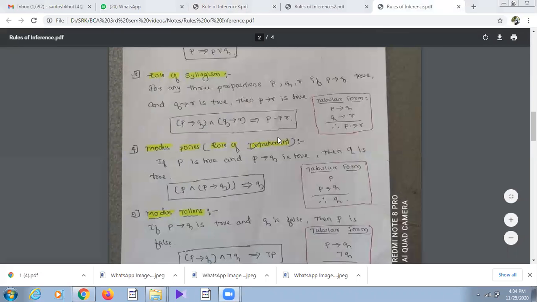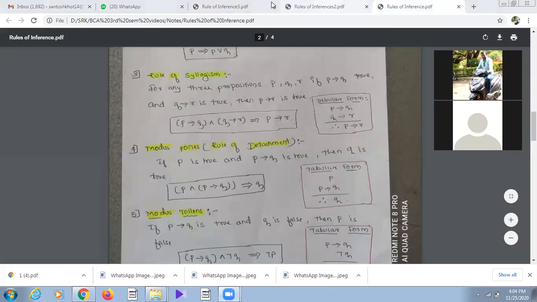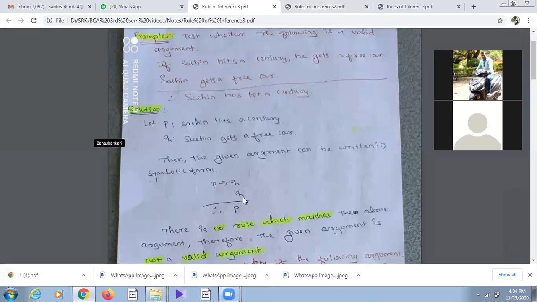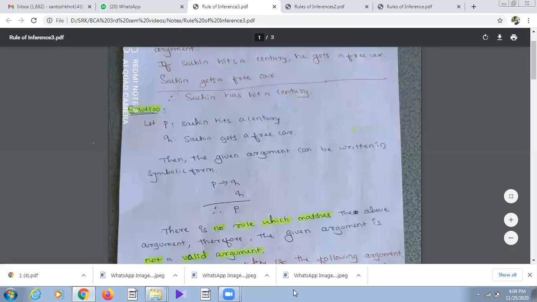It is not similar after applying laws of logic rules. So that's why we say that this is the invalid argument.